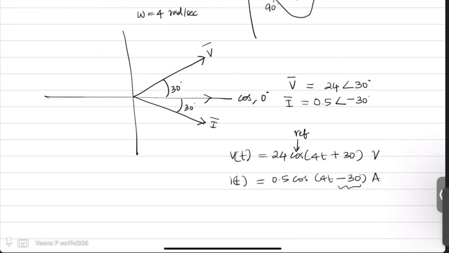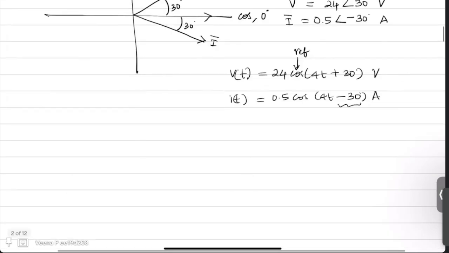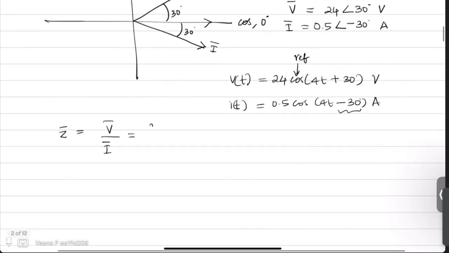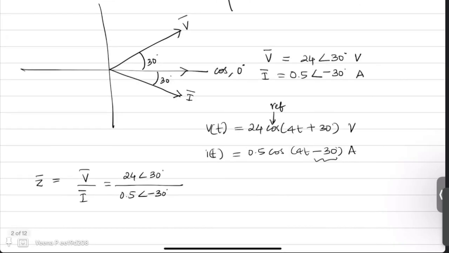Now you know that your impedance is voltage by current. So you have 24 angle 30 degrees divided by 0.5 angle minus 30 degrees. There is no need of phasor representation in the given problem. Just for understanding purposes I have explained.